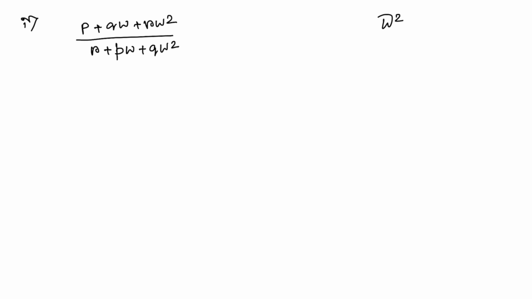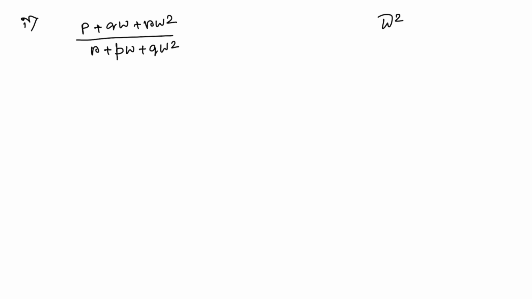So here sum number 4, the last one. P plus q omega plus r omega square divided by r plus p omega plus q omega square equals, you show that, omega square. The right hand side is omega square.